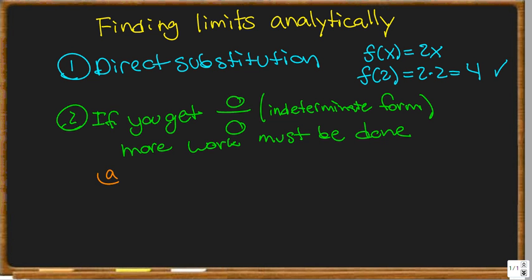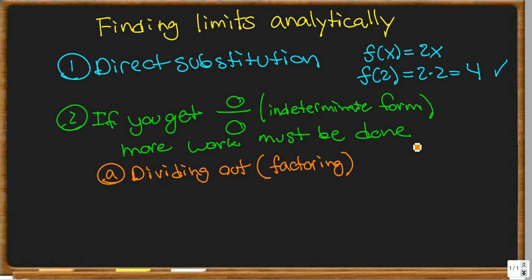So our first thing that could happen is you could use this dividing out technique, which would involve factoring. So this would allow us to solve for something that we couldn't previously have done.